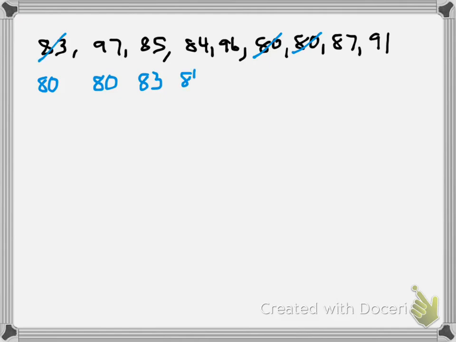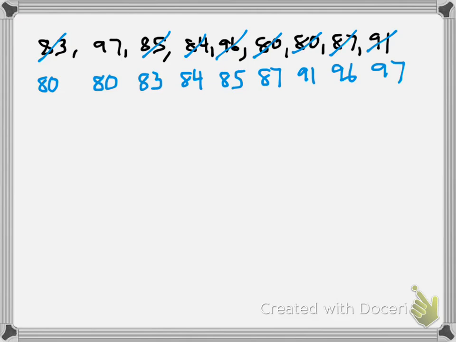And then write it down. 84. Then 85. And then we have an 87. 91. 96. 97. So job 1, they have to be in order for us to find a least value easily, a greatest value easily, and our medians.